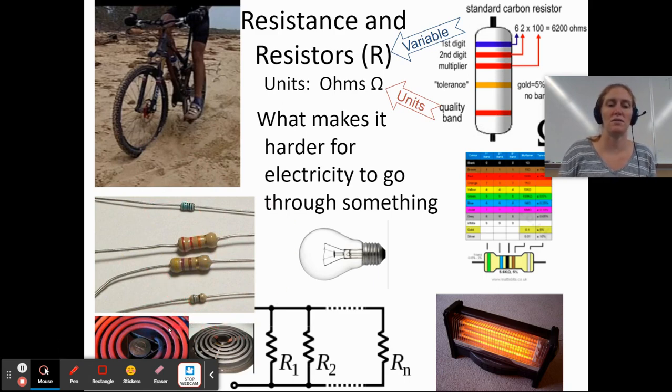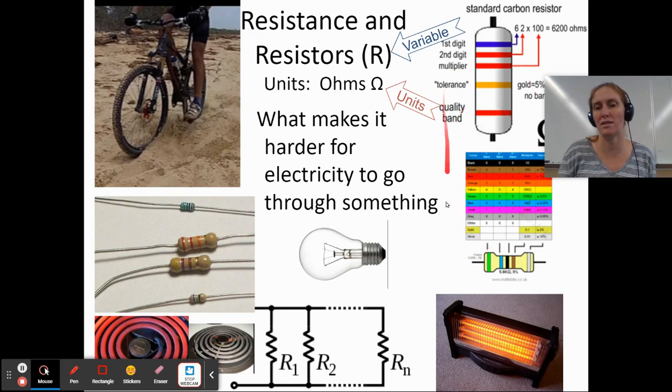Some other examples of resistors are electric stove tops, where when you put the electricity through it, it gets really hot. Because it's really hard for the electricity to get through, it'll get hot. And then the same thing with heaters. And if you're looking at these and you can see all these colors on here, that is how you know how much resistance a resistor has.